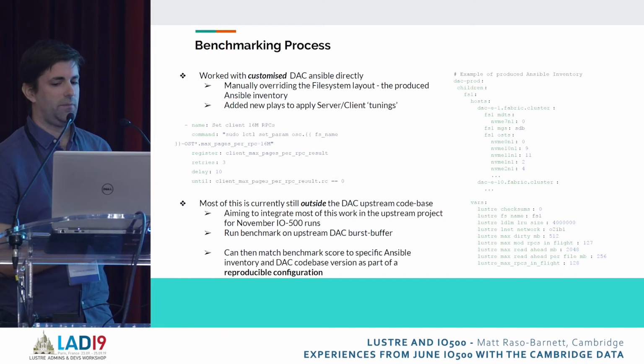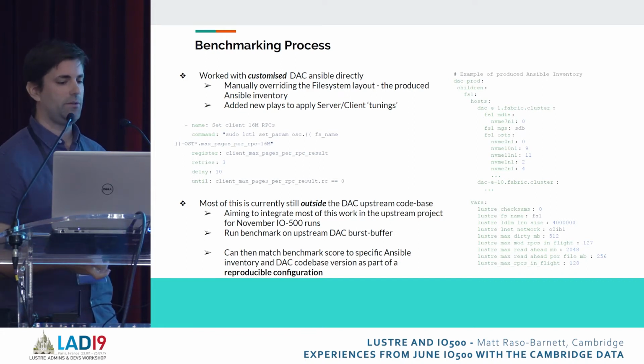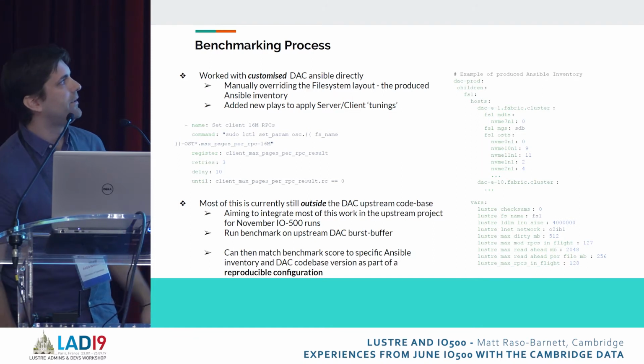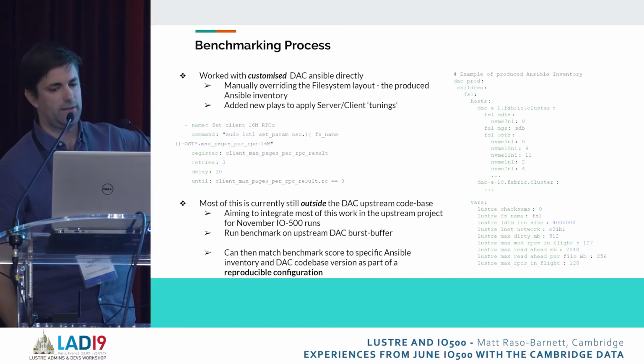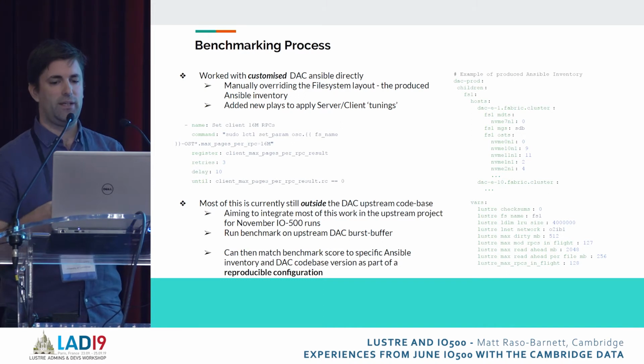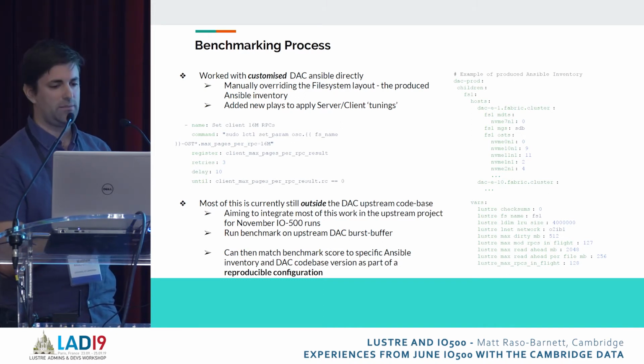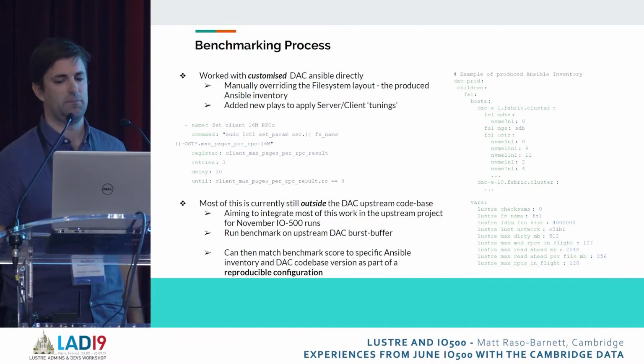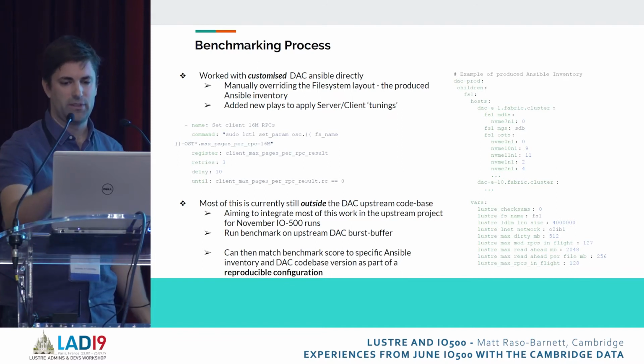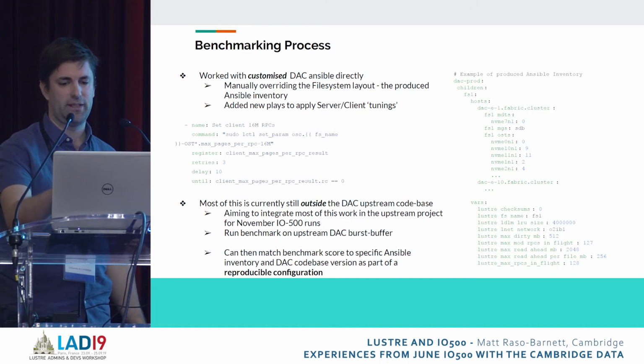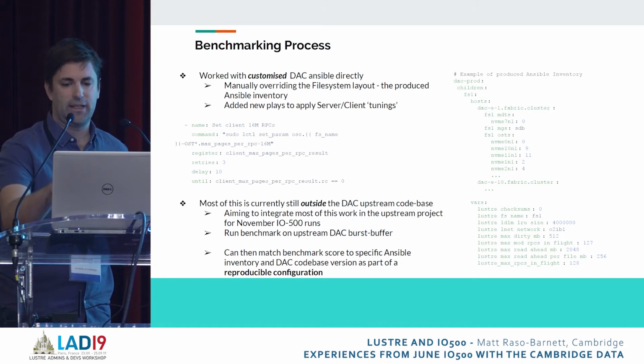The main one was adding the server and the client tunings to our Ansible code. You can see on the right what the burst buffer inventory file looks like when it's produced by those DAC daemons. It shows the particular block devices used and their OST or MDT index number.